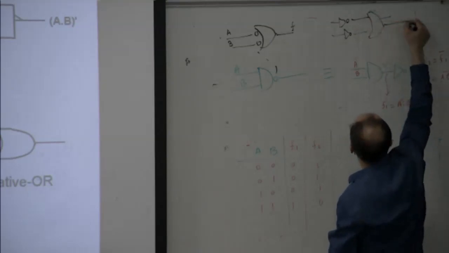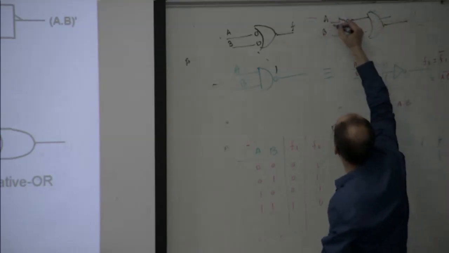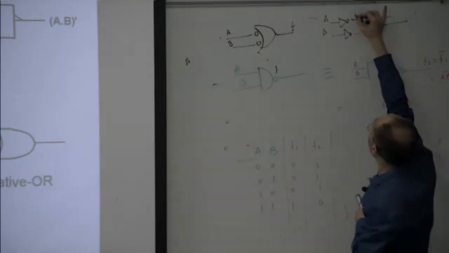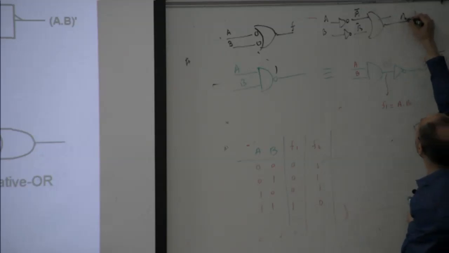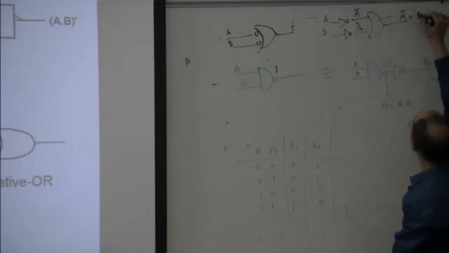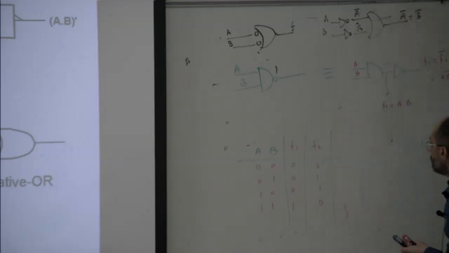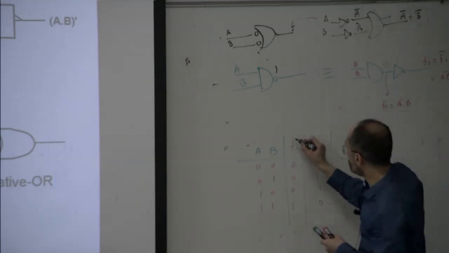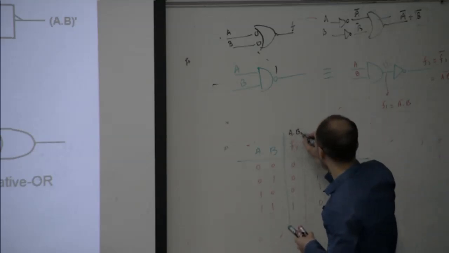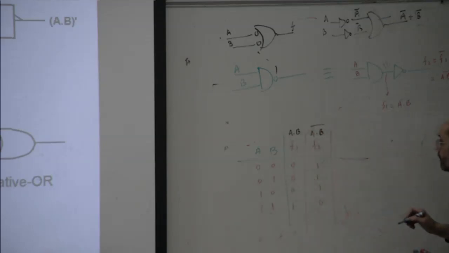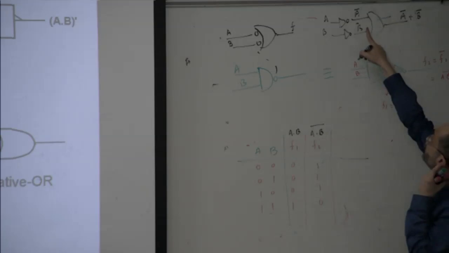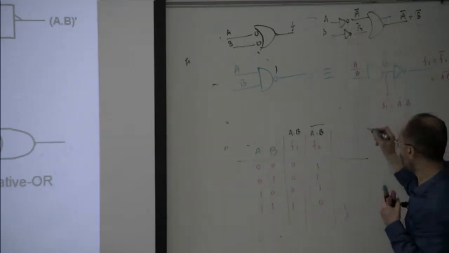An OR gate. So this is A, and this is B. What will it become? A bar and B bar. So for the OR gate, we write A bar plus B bar. Now this is A dot B, and this is A dot B whole bar. Now we want to compute A bar.